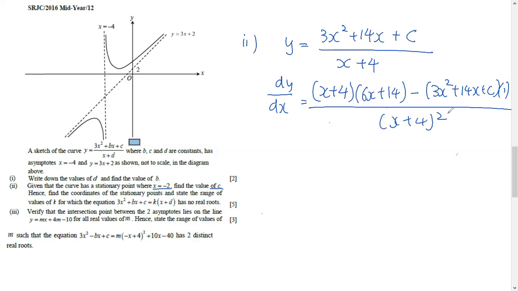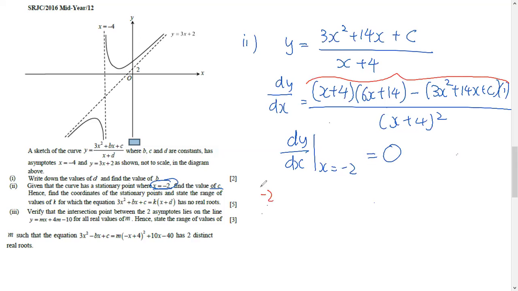Since we know that x equals minus 2 is a stationary point, if we sub in x equals minus 2, overall the equation should give you 0. The simple trick here is I only focus on the numerator, because in order for this to be 0, the numerator has to be 0.